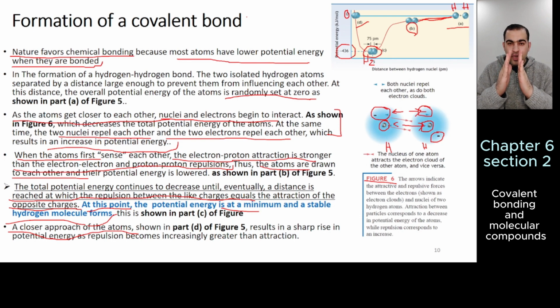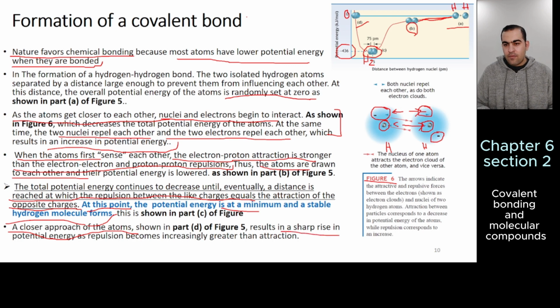If they try any closer approach, the repulsion is going to be more than attraction. When the repulsion is more than attraction, the potential energy is going to increase again, resulting in a sharp rise in potential energy.